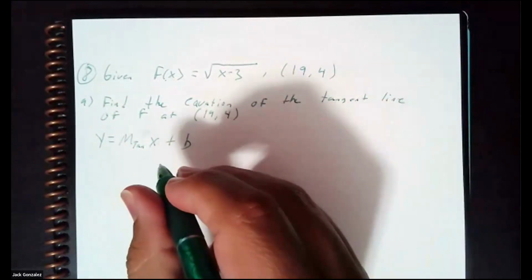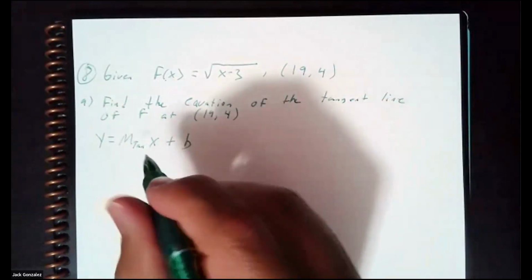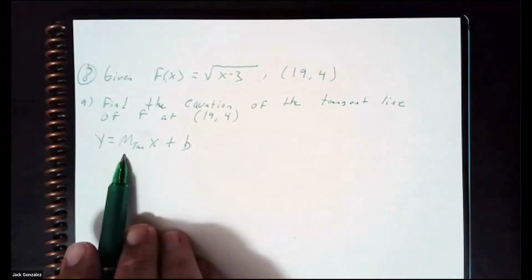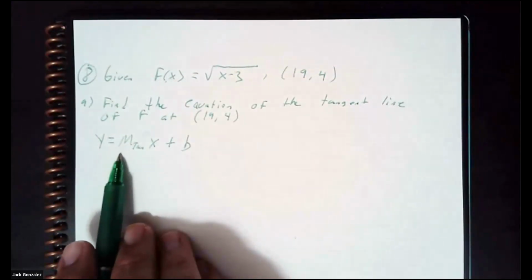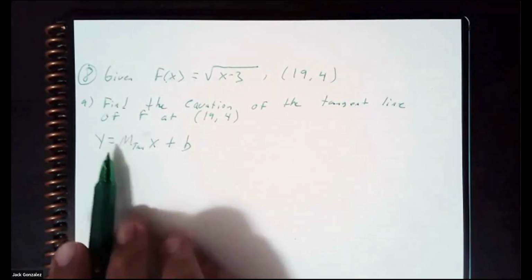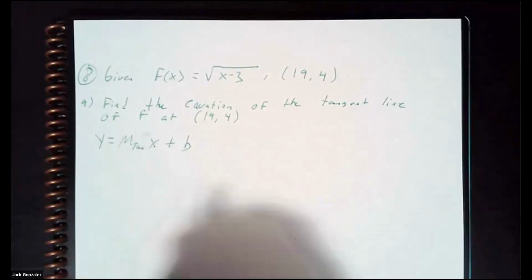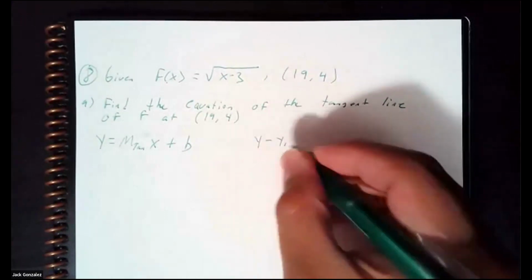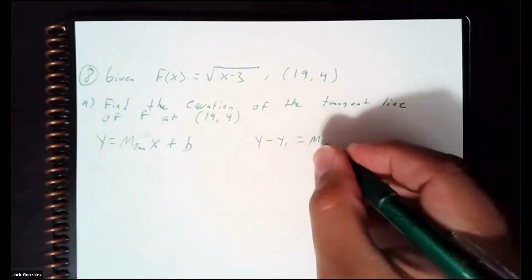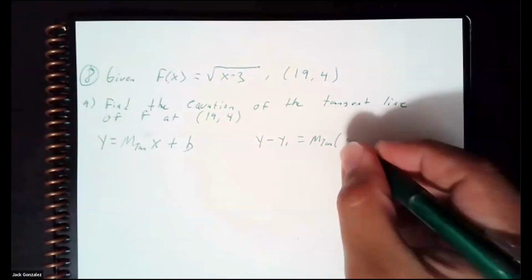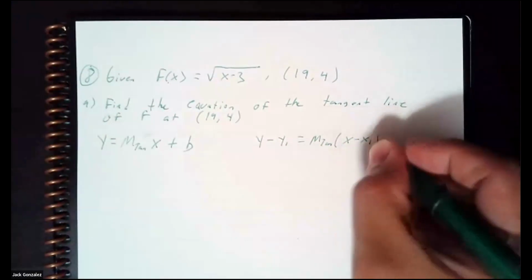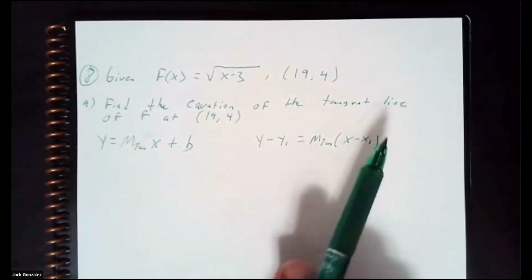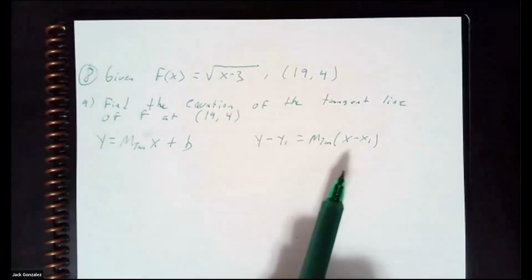So you can use this to solve it if you want. But to find m tangent, you need the derivative. The only way to get that is with the derivative. Or you can use this one. I think this one's better for this type of question, because you just plug in the point, plug in the slope, and you're pretty much done.